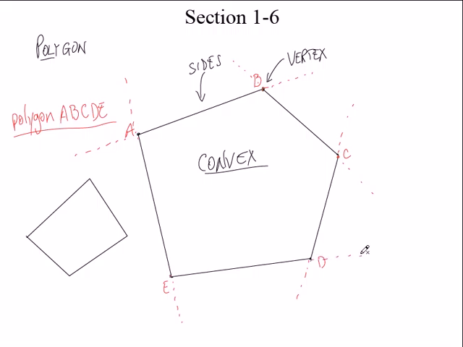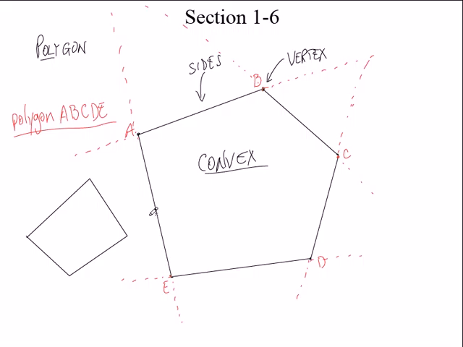Any of these dotted lines? No. If I extend every single side, they're going to eventually intersect, and they intersect outside the circle. None of the intersections of these extended lines are inside. So that's a convex polygon.